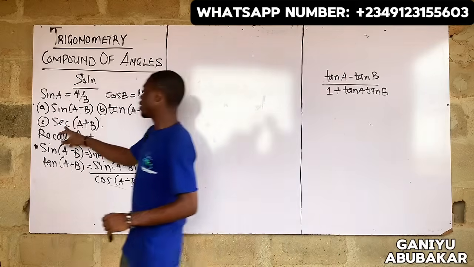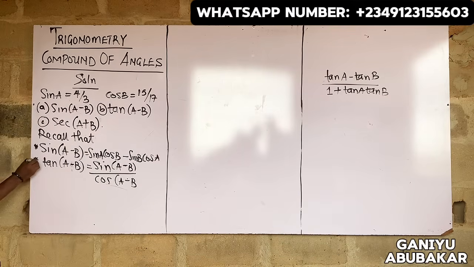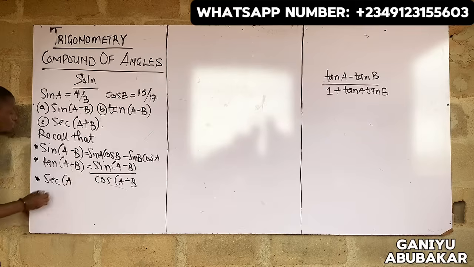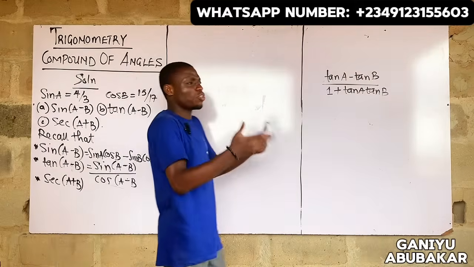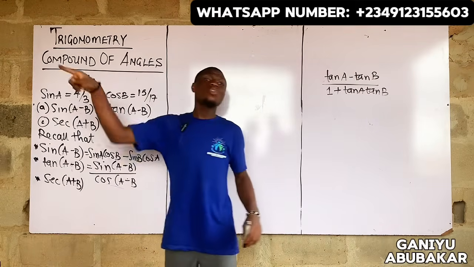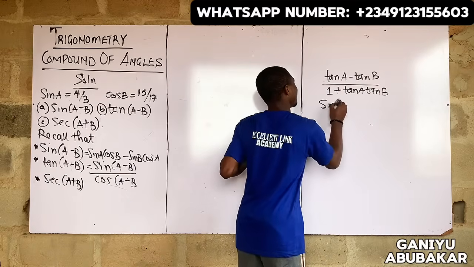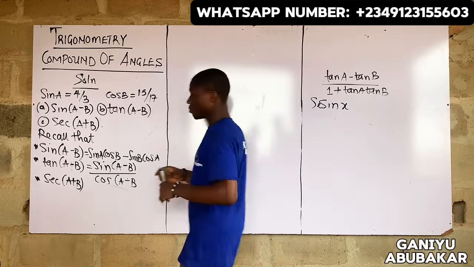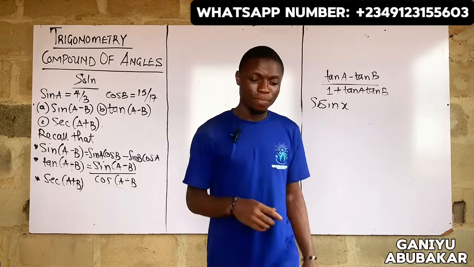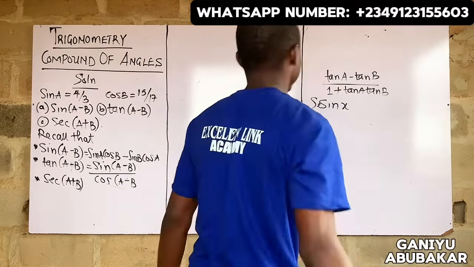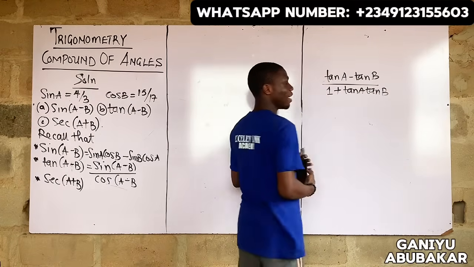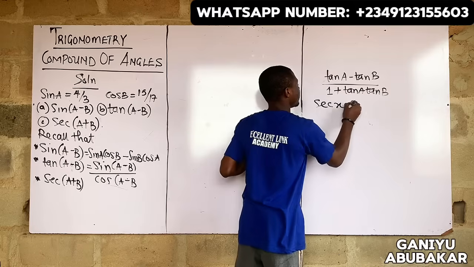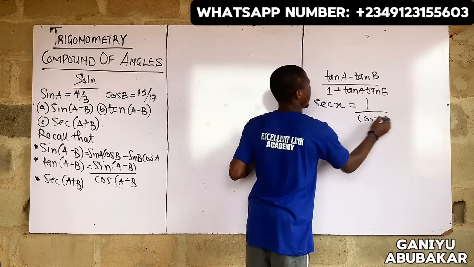All right, the next one is sec. For sec A plus B, actually, I didn't give you an expression for it in the last class, but we know that if I have sec X, that becomes 1 over cos X. We know this, right?